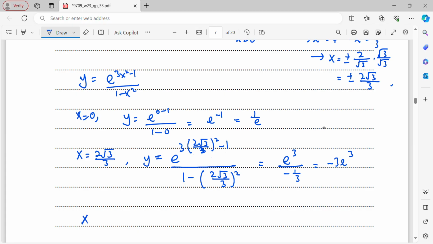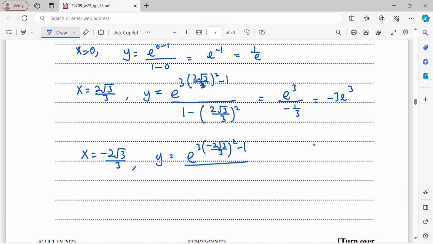Okay, so now where x equals negative 2 square root 3 over 3, the y is exponential 3 times (negative 2 square root 3 over 3) squared minus 1, then over 1 minus (negative 2 square root 3 over 3) squared. Then again, this will be same as previous calculation, which is negative 3e cubed. Then now we have solved the 3 stationary points.